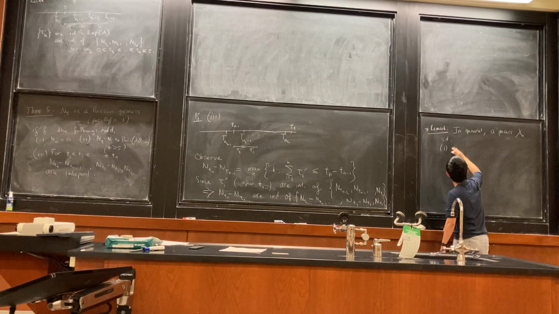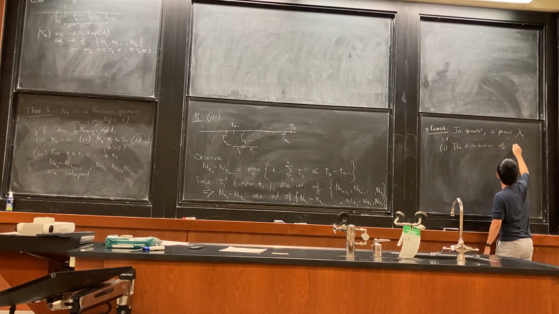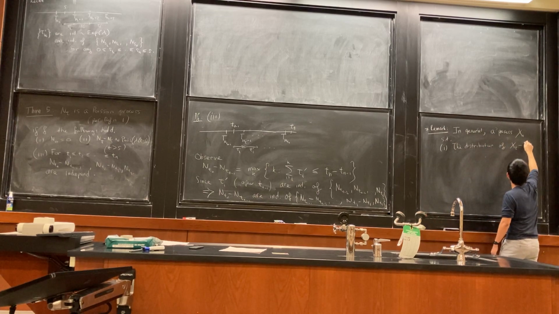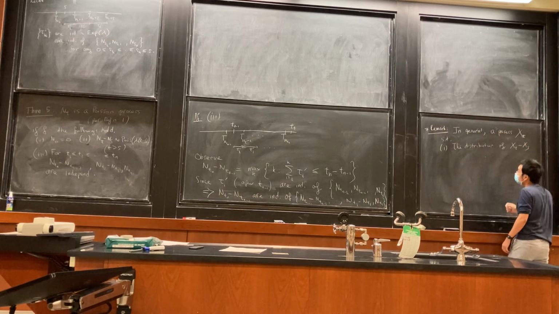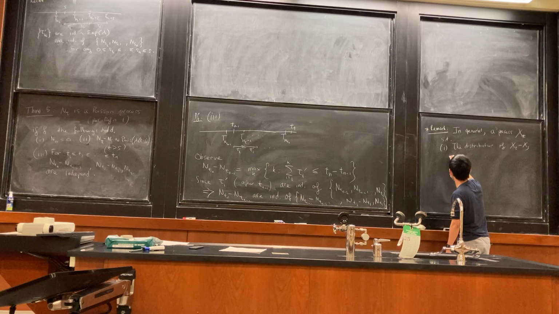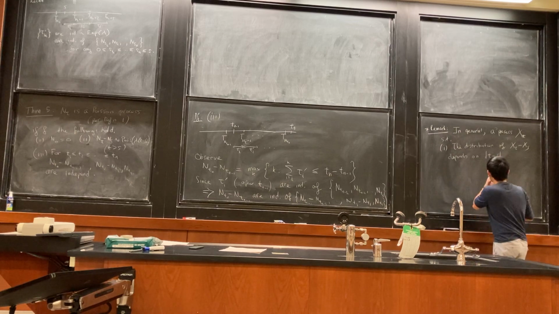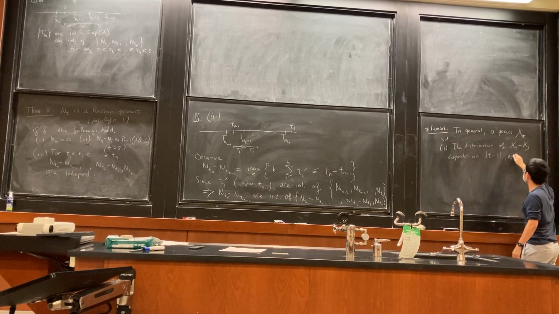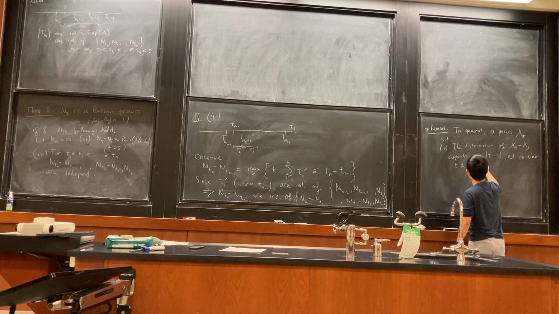That's just that. The distribution of X(t) minus X(s) depends on the difference between the times, not on the times t and s themselves.